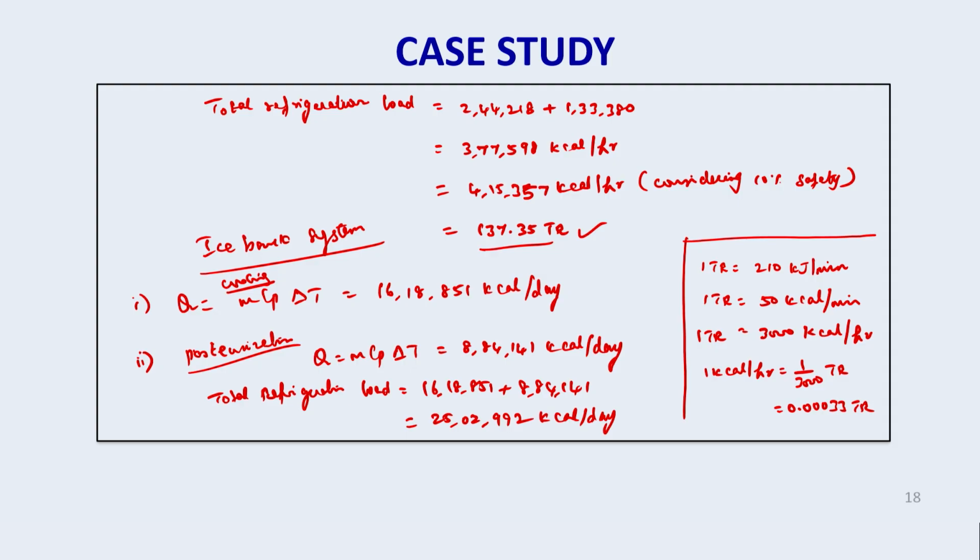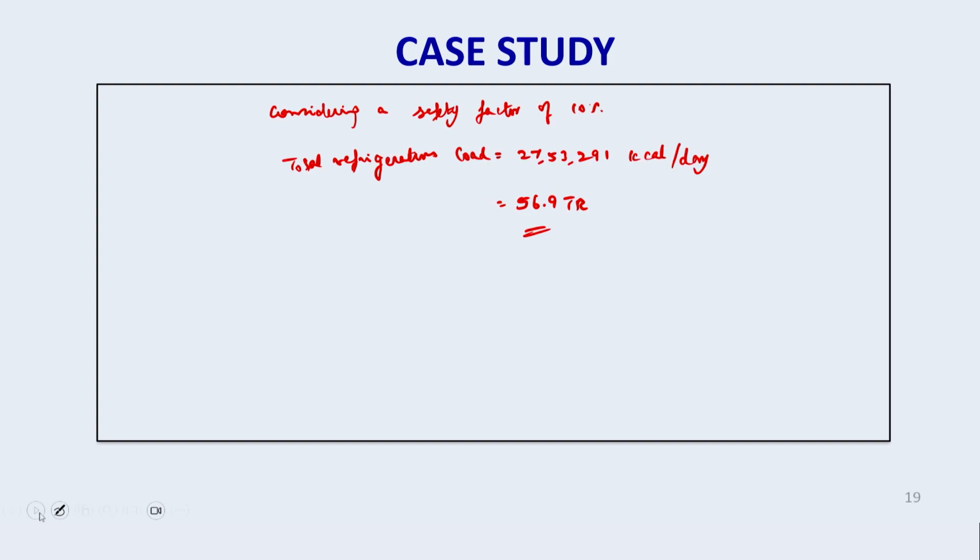So if we go for an ice bank system, the refrigeration load comes down drastically. When we compare with the direct expansion system, which has 137 TR, it is only about 57 TR, which is about 2 to 2.5 times less.